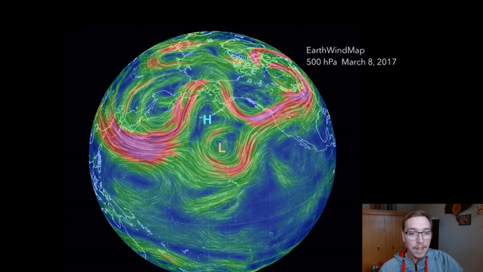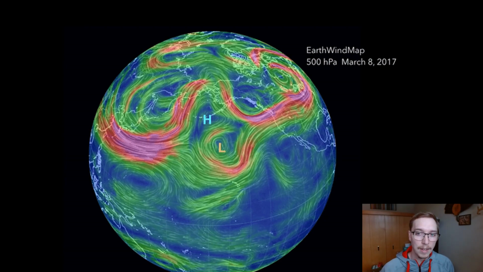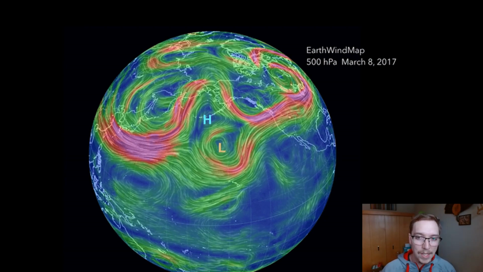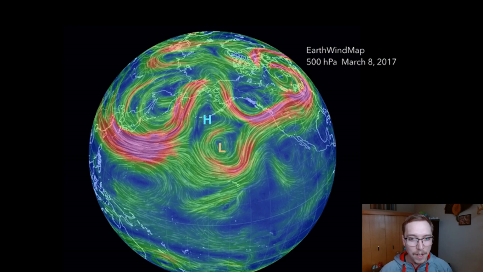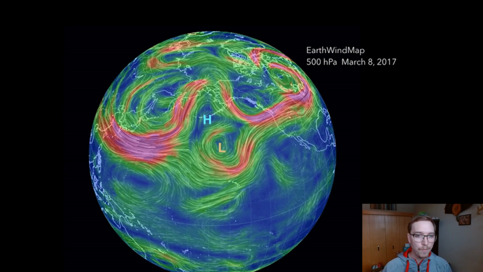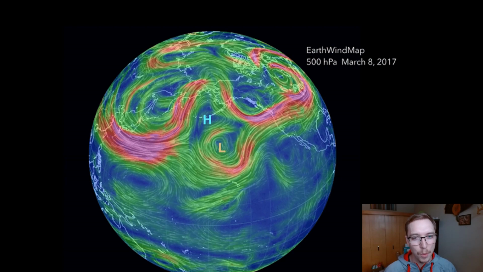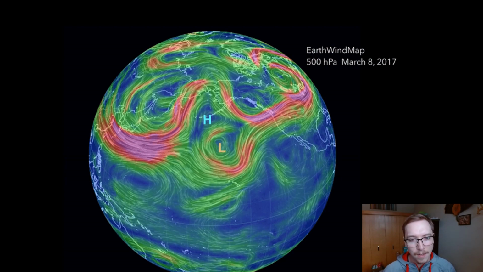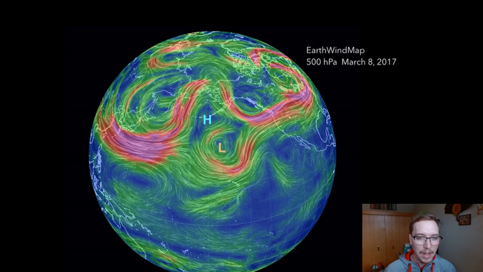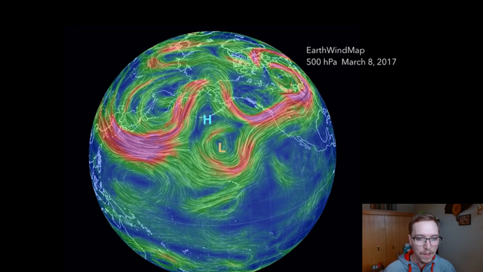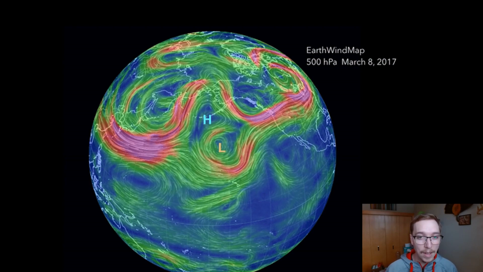So here we can see an example of the jet stream at about 500 hectopascals, moving kind of over maybe the Irkutsk region in Russia into Alaska, kind of having this big high pressure system setting up and a low pressure system that's setting up just north of Hawaii.